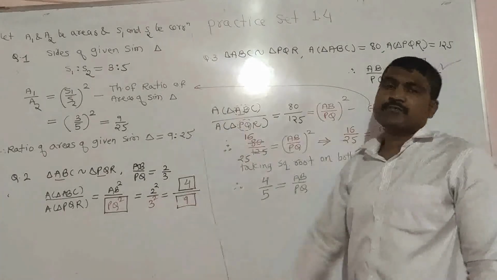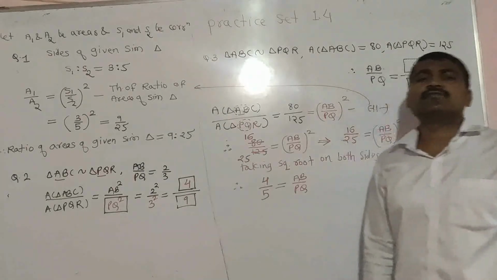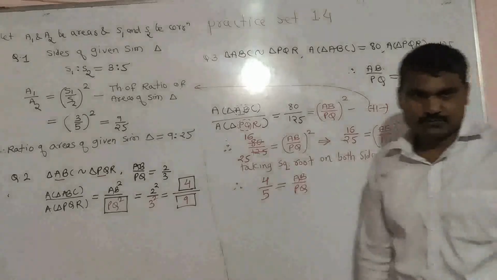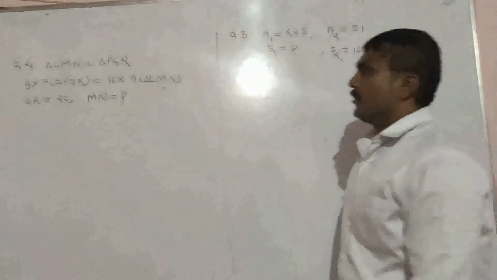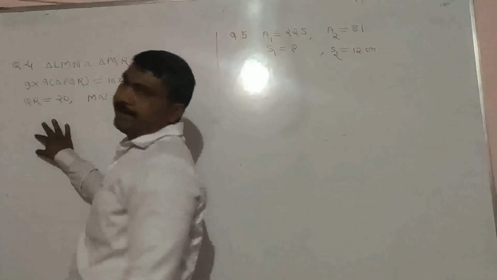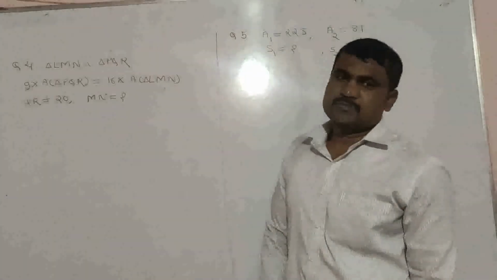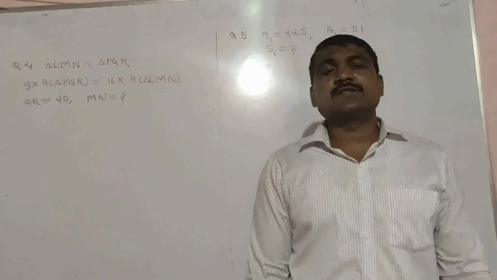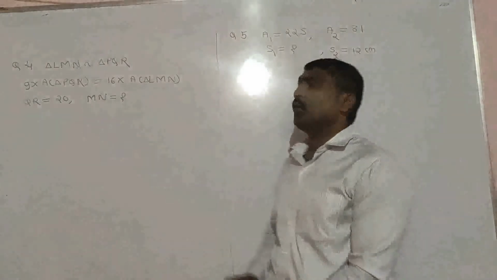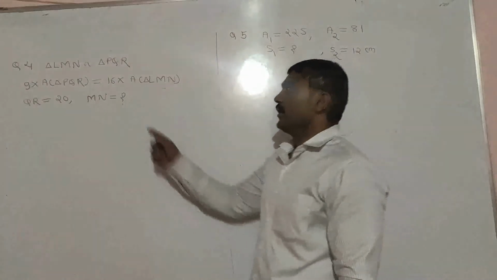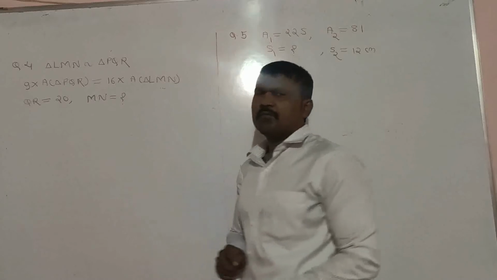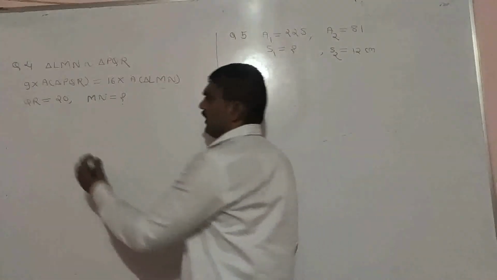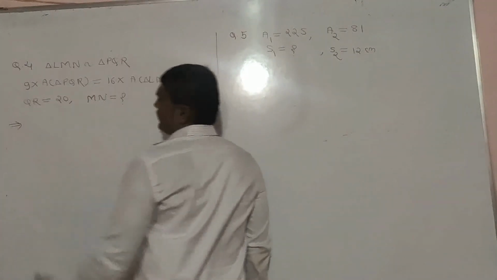So the first three questions are completed. Now I am starting question number 4. In question number 4, triangle AMN is similar to triangle PQR. Both PQR and AMN are included here. So I am writing what is given.